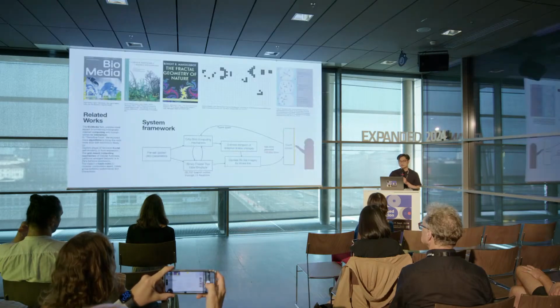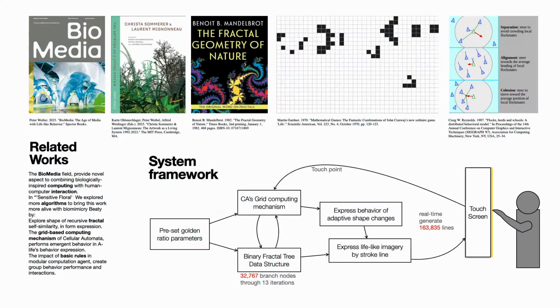In this area, many researchers and artists are already doing things such as fractal systems or cellular automata, or using rules to build group behavior to see birds flying, and that also inspired me.